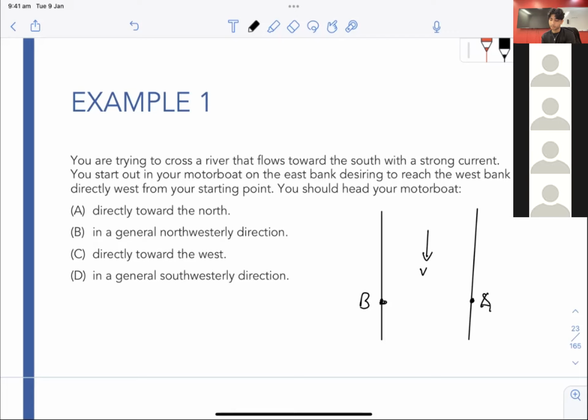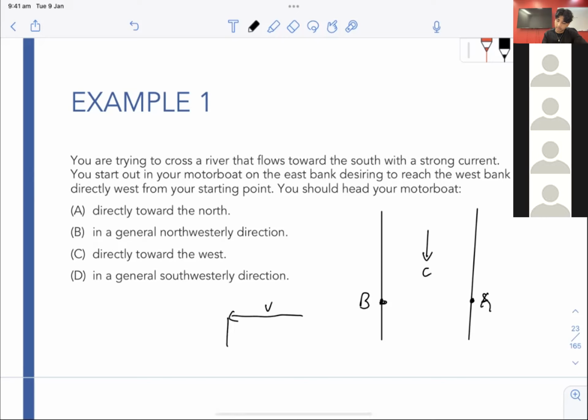What we're looking at here is our velocity vector and the river's velocity vector. I'm going to call this C for current. So our velocity is our motion, us rowing in the motorboat across the river, and then there's the velocity of the river.